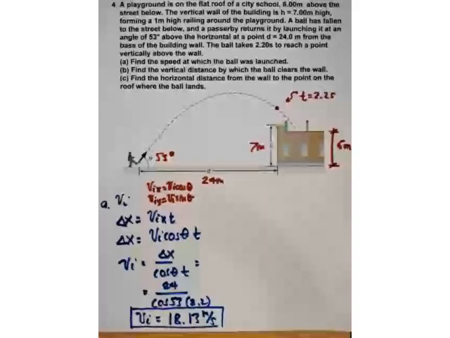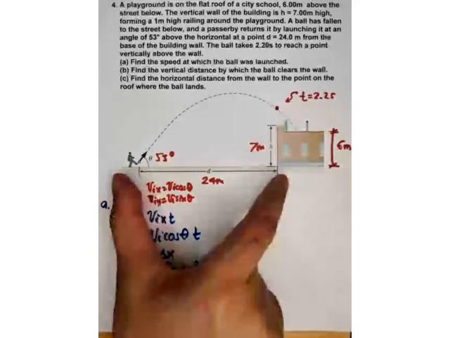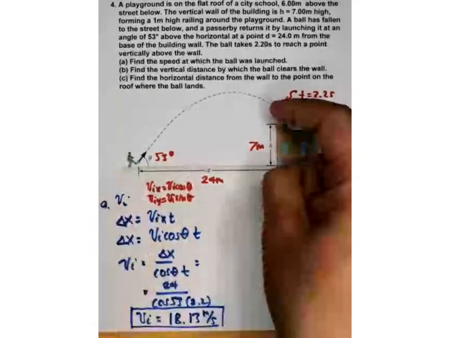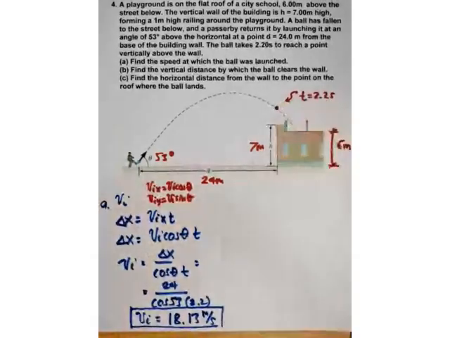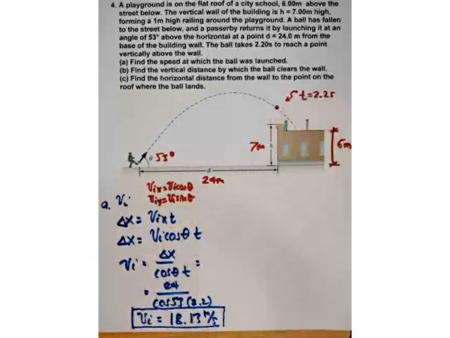And then, nagkakatugma lang sila pagdating sa time. So, in this case, the total time para mag-travel siya horizontally na 2.2 seconds is the same time para mag-displace siya ng ganitong vertical distance. Okay?